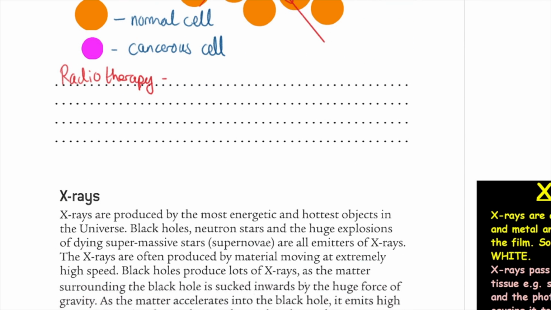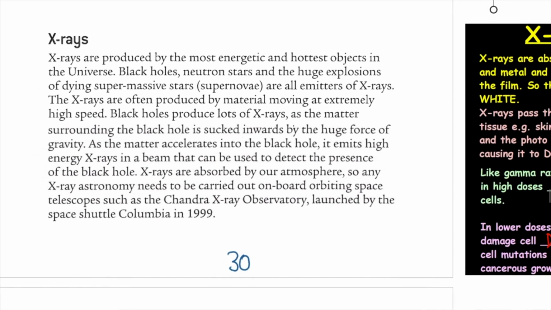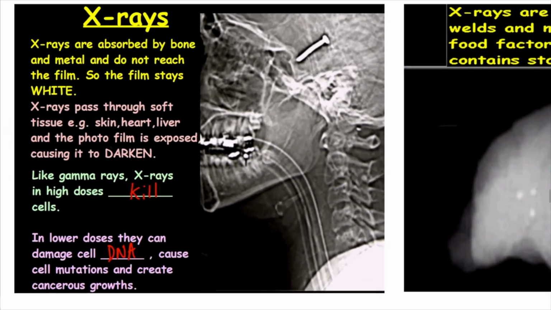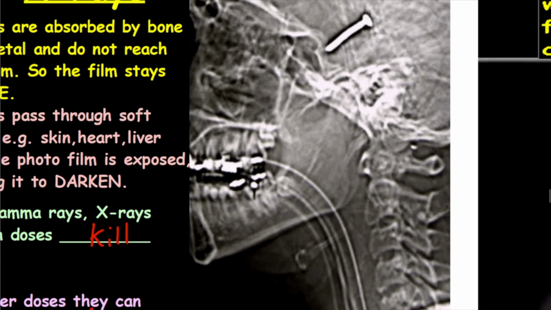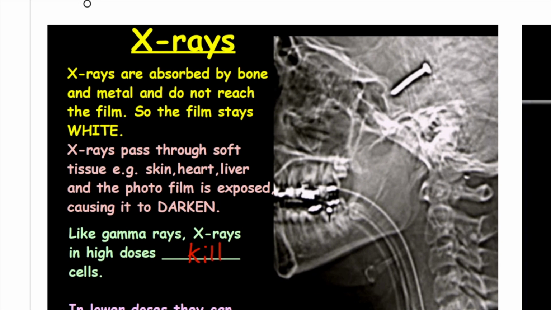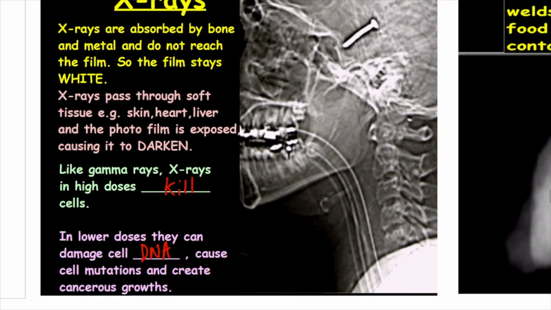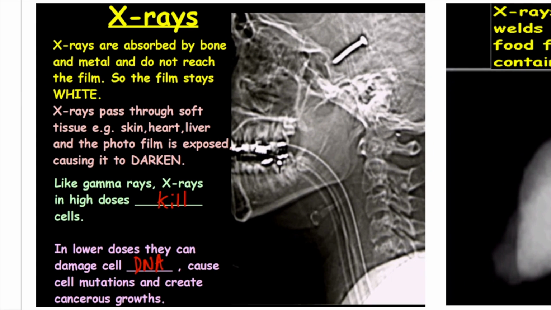Next, we've got X-rays. With X-rays you hear about how you can look inside people, because the bones will absorb the X-rays and the soft tissue allows the X-rays to go through. More information there. And in lower doses, it says at the bottom, they can damage DNA.